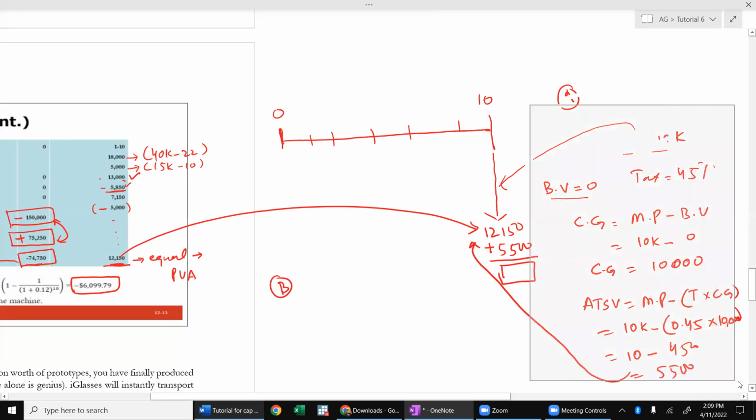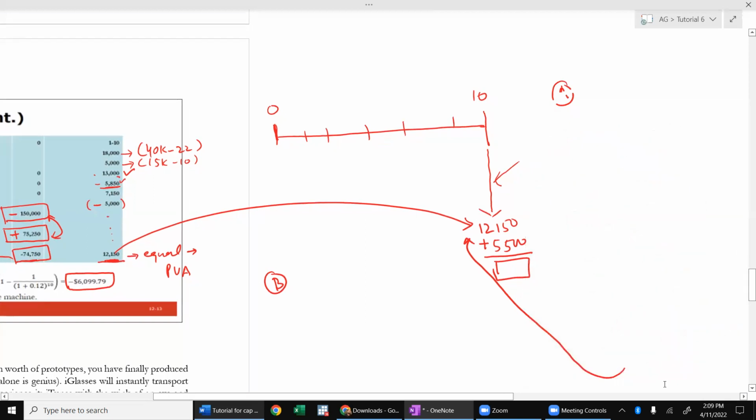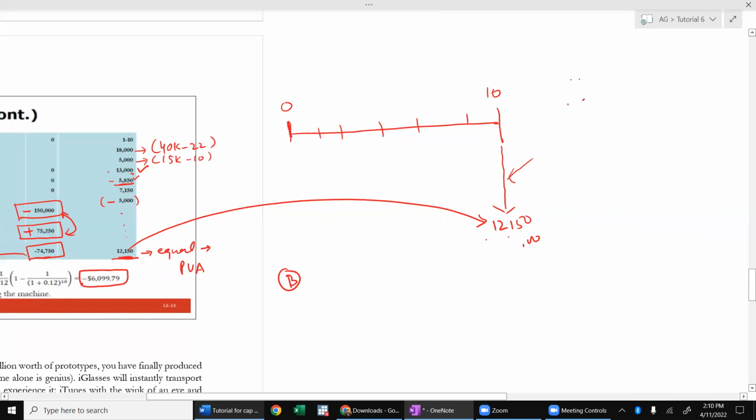Then you shouldn't be worried. But there is a thing that you should understand. Let me delete this. The first thing we understood was that book value was 0, but market price is there.